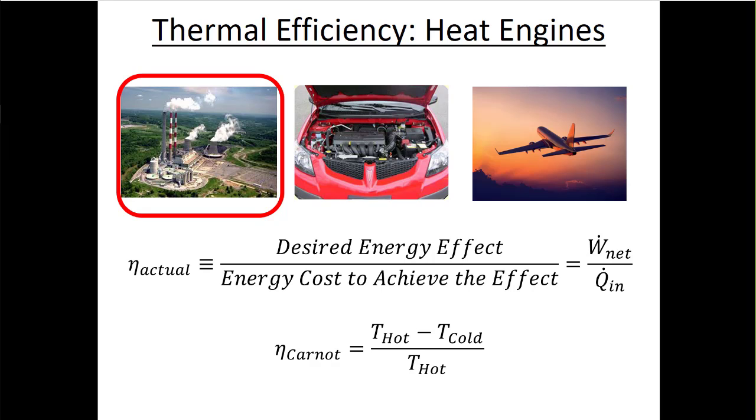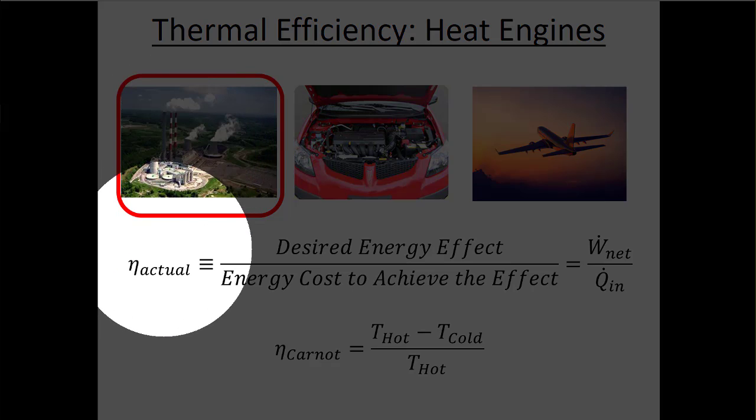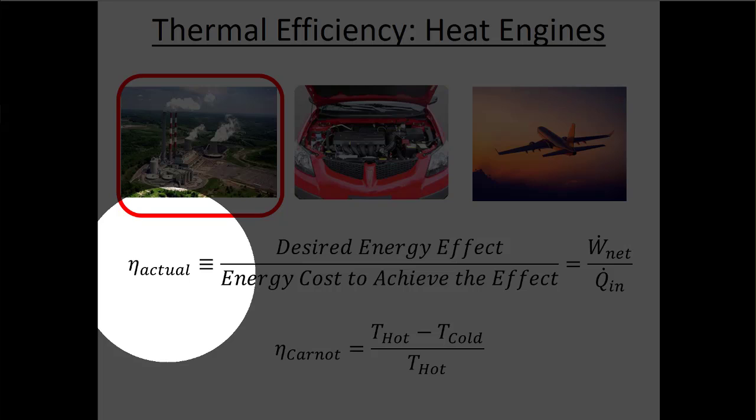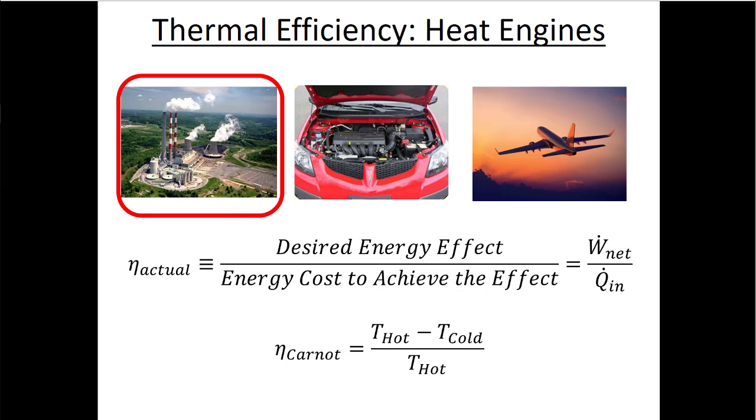When we're trying to ask ourselves how good are we doing, when we're trying to characterize how well these heat engines are doing, we talk about thermal efficiency. This is definitely something that will be on the test, even though we won't talk about it with the cycle we're talking about today.